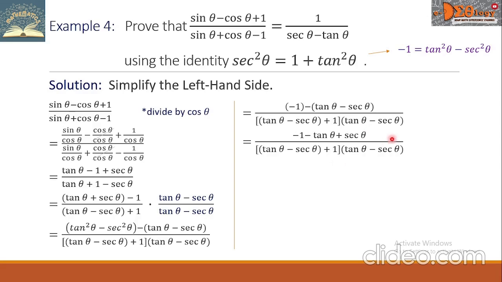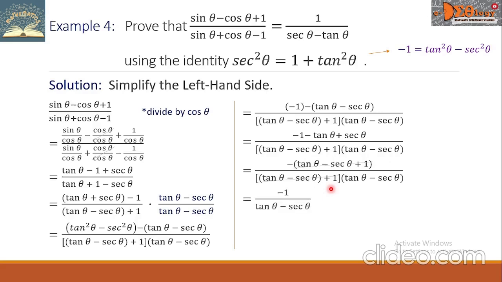Next thing to do, let us manipulate our numerator. Let us rewrite this as the negative of the group tangent theta minus secant theta plus 1. From here we can see that this value here is the same as the trinomial in the denominator that we can cancel. When we do that, it becomes negative 1 over tangent theta minus secant theta.